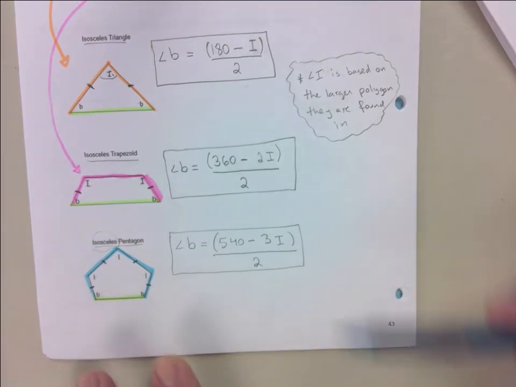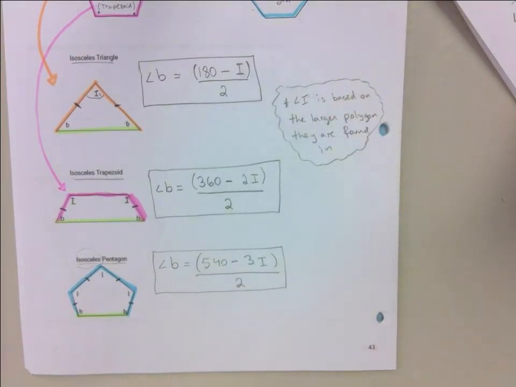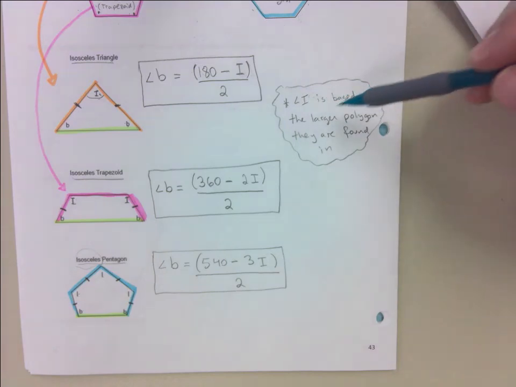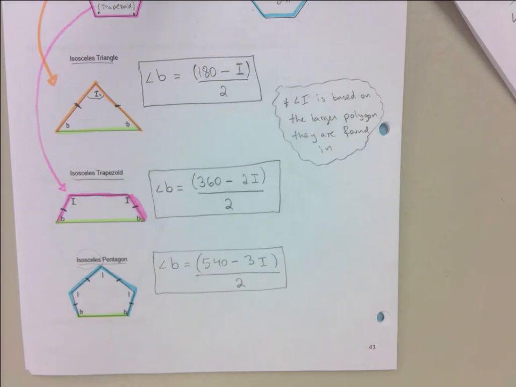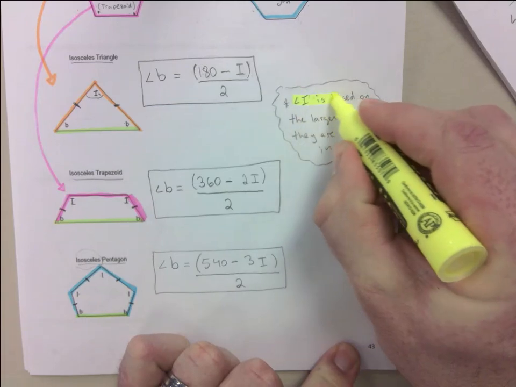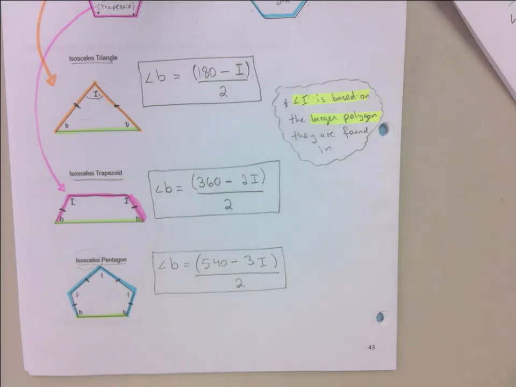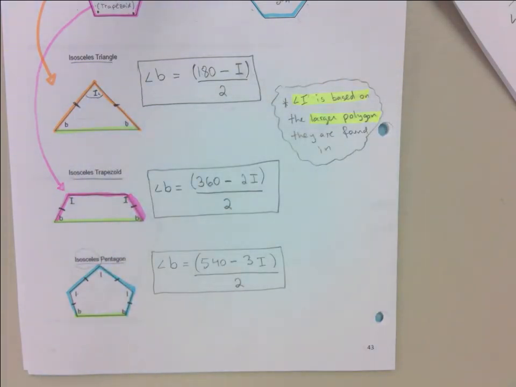So these are the 3 formulas I would like you to have on your study sheet. I is always based on the larger polygon, not the shapes themselves.